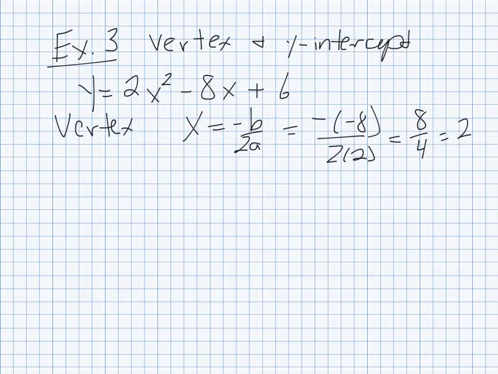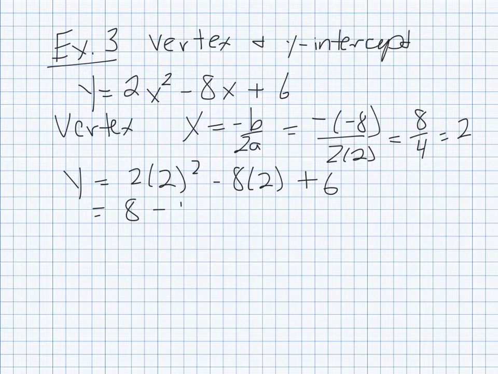So the x-coordinate is 2. Plug that in to find y. y equals 2 times 2 squared minus 8 times 2 plus 6: 2 squared is 4, 4 times 2 is 8, minus 16 plus 6 gives us negative 2. That means our vertex point is 2, comma, negative 2.